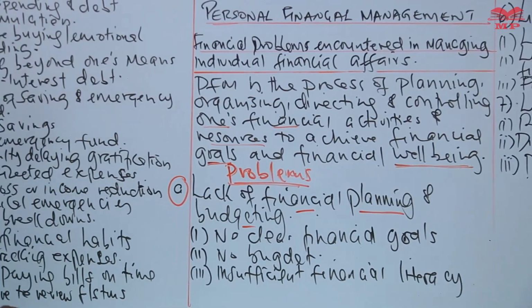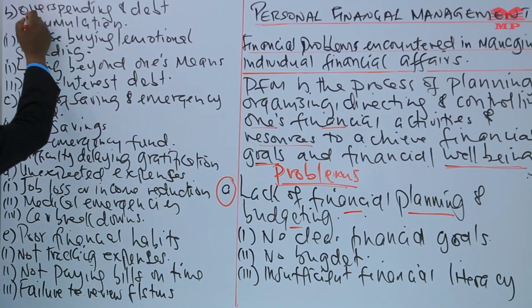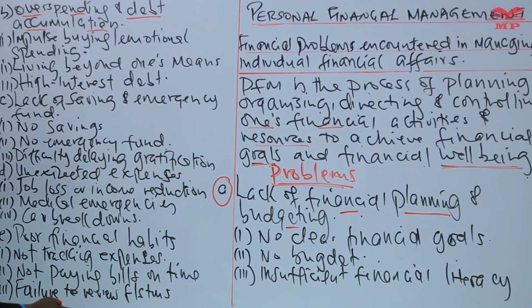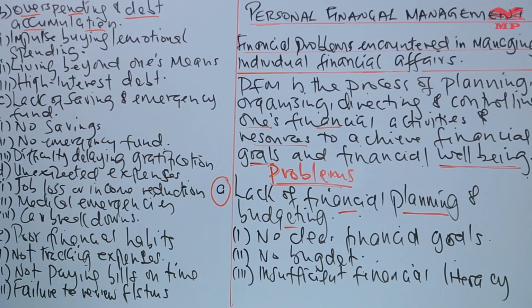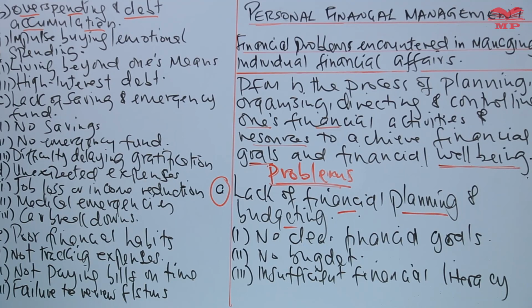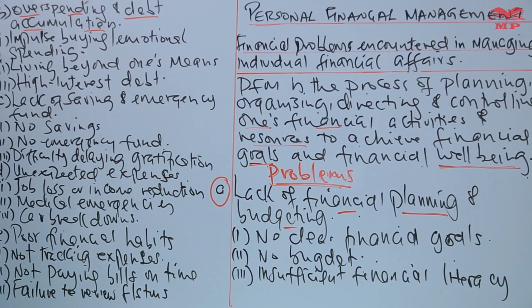The second category is overspending and debt accumulation, and that can be caused by impulse buying or emotional spending. Individuals ought to avoid buying items or services that are not categorized as needs.